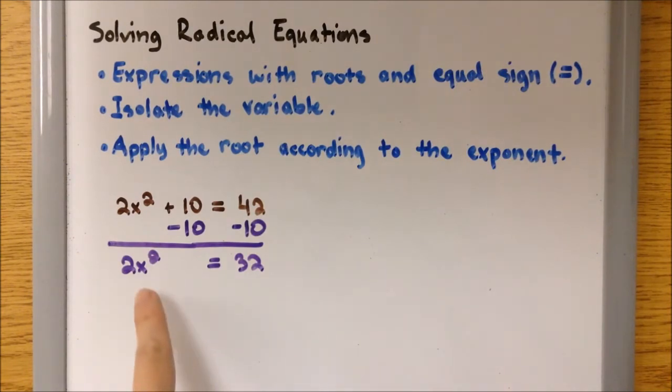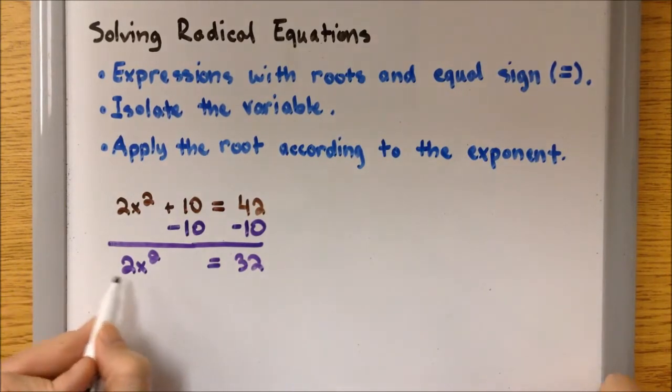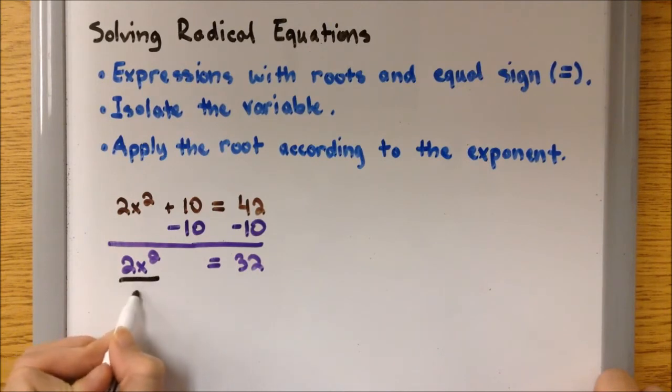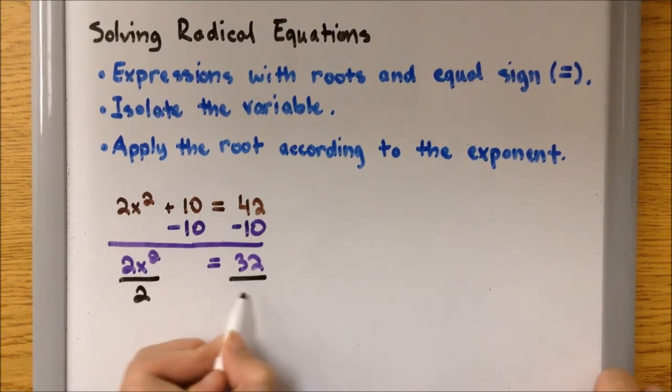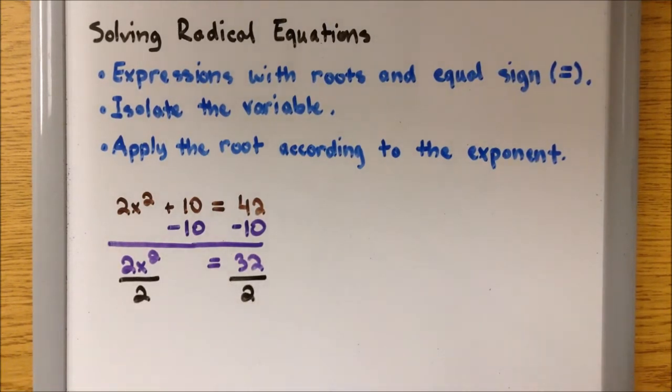Since I got 2x squared by itself equals 32, now I just want to get x squared by itself. So first I need to get rid of the 2. Since it's 2x squared and it's multiplying, I'm going to divide by 2 on both sides.